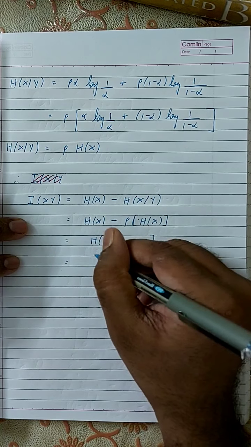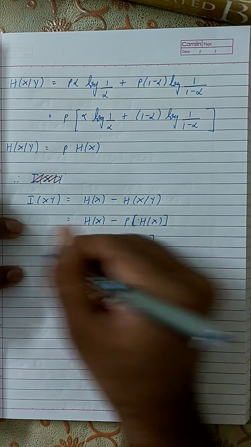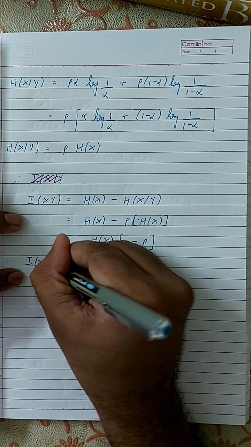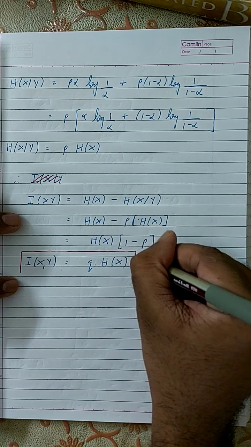So I(X,Y) is equal to q into H(X). This is the equation of the mutual information of a binary erasure channel.